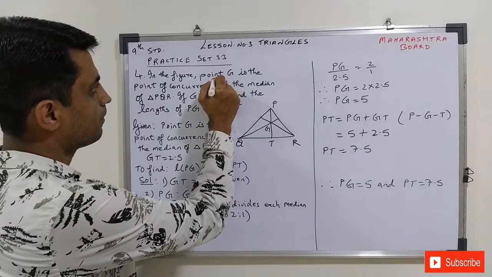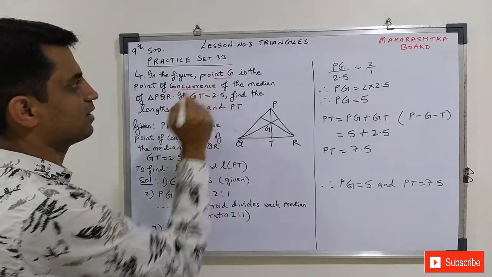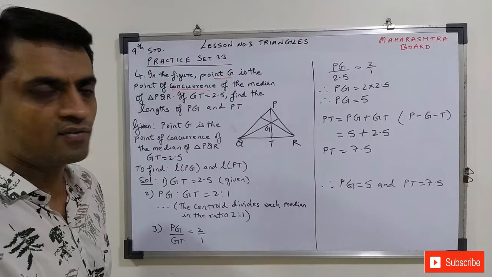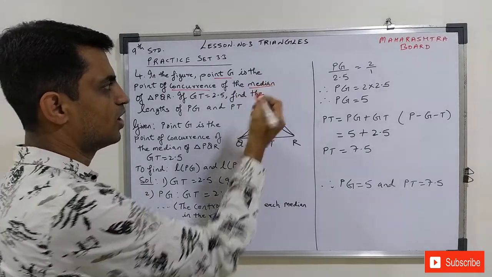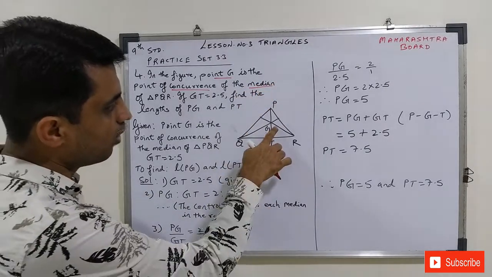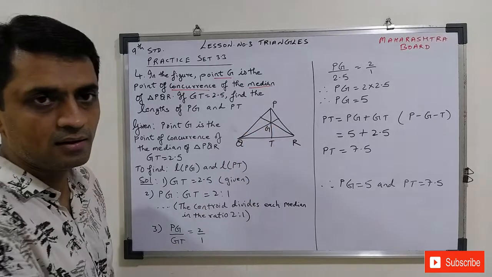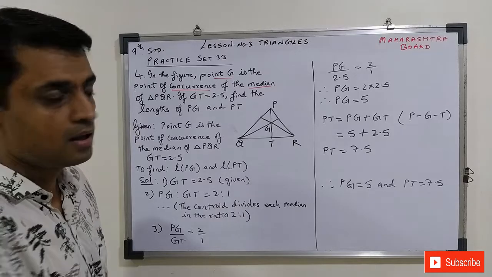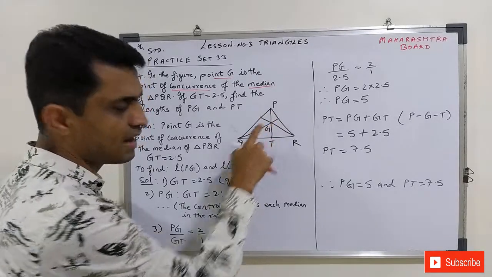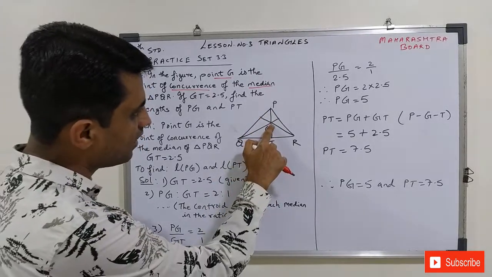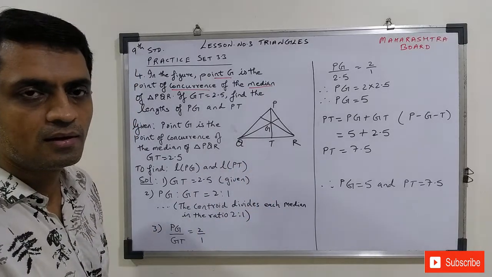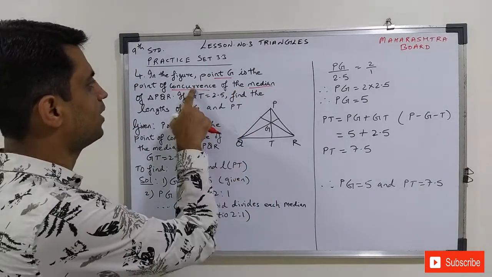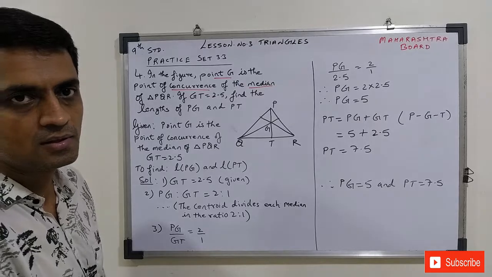First of all, what is a point of concurrence for the medians? Where all the medians meet, that point is called the point of concurrence. All the medians of the triangle meet at only one point.